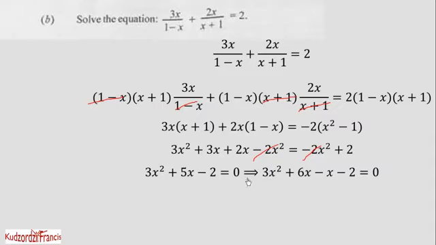And this will mean that we need to split the middle term. When you multiply 3 by -2, you get -6. So 2 factors of -6, that if you add you get 5, and if you multiply you get -6, is -1 and 6. So that's how we got this splitting over here.